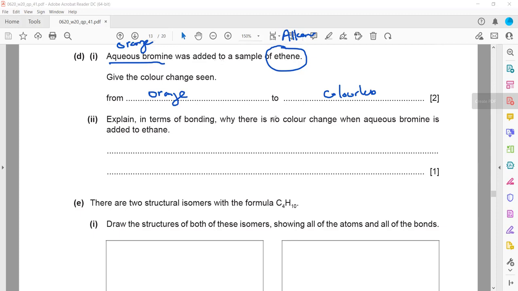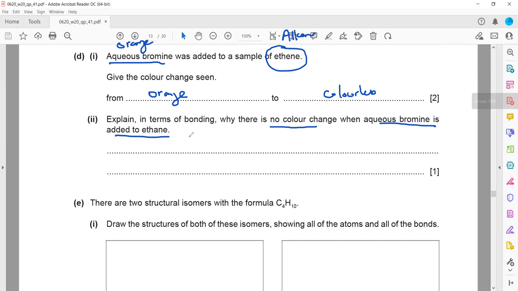Explain in terms of bonding why there is no color change when aqueous bromine is added to ethane. So if we have ethane, not ethene, if we have ethane or an alkane, and when we add bromine, we find there is no color change. What is the reason why there is no color change when ethane is there?